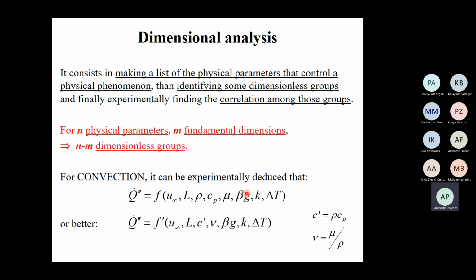Beta g is a parameter that introduces in the analysis the influence of the buoyancy forces. The next slide is focused on this parameter, but keep in mind that beta g is important when we speak about natural convection, which is the difference between natural convection and forced convection.